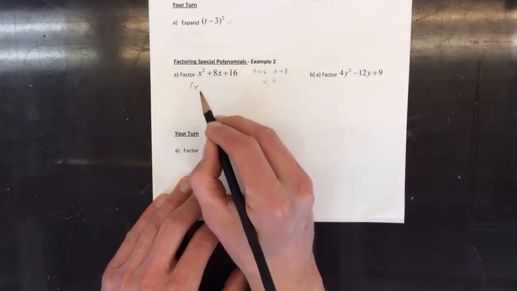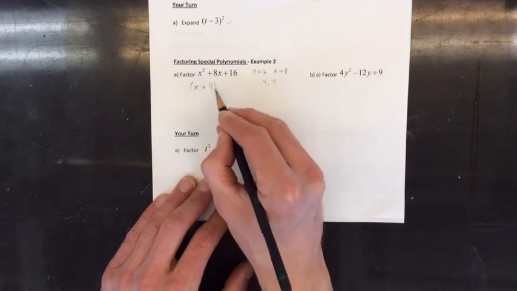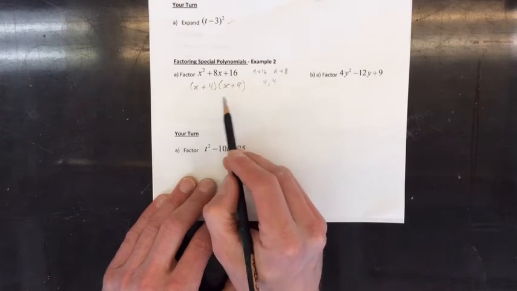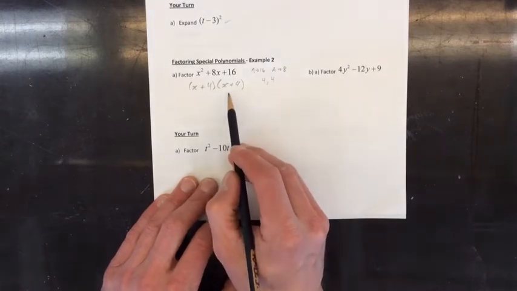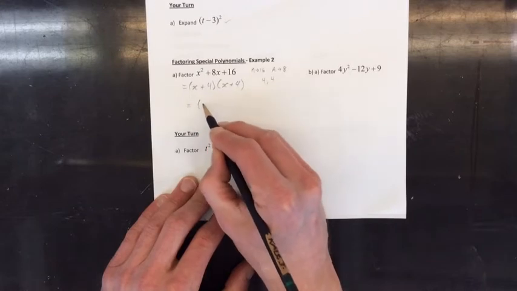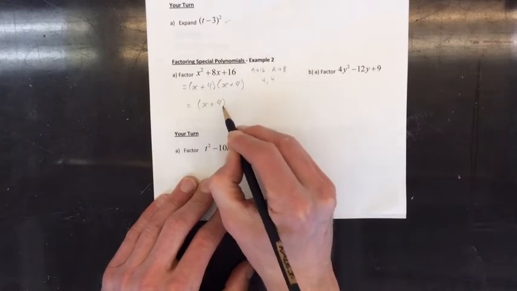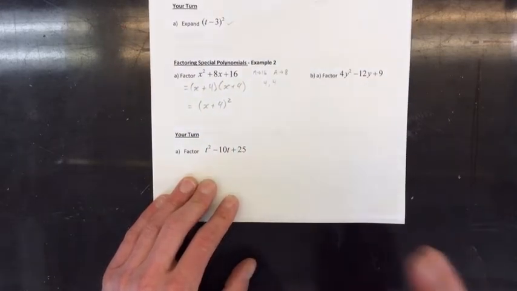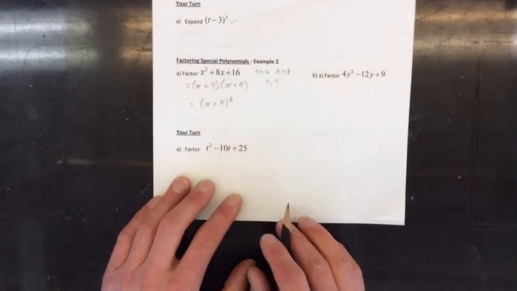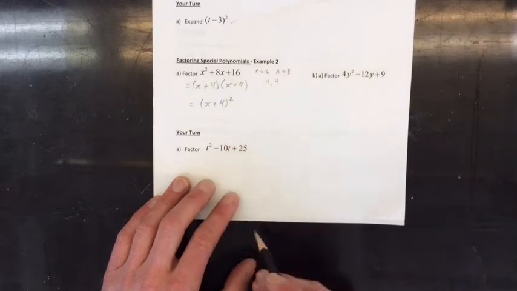So here I'll write x plus 4 and x plus 4. I'll notice x plus 4 is written twice. Therefore, I can write this as x plus 4 squared. So really nothing's changed. It's the same as I was always factoring, but now I can combine my two binomials to make it squared.